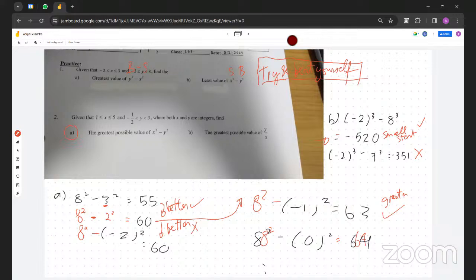What's the logic here? Big and small. For question 2A, first guy, big or small? Big. Second guy? Small. Okay. Do a first write down.